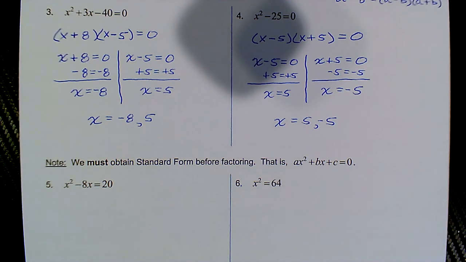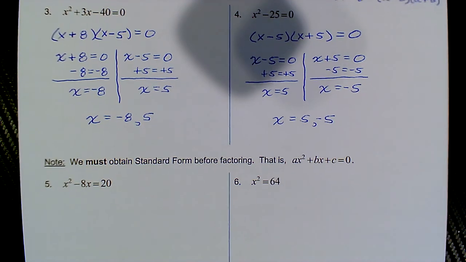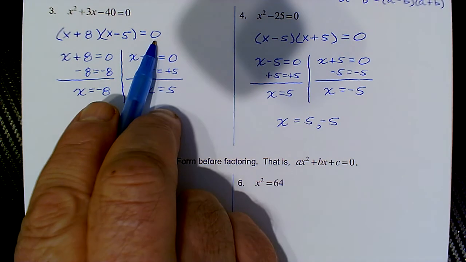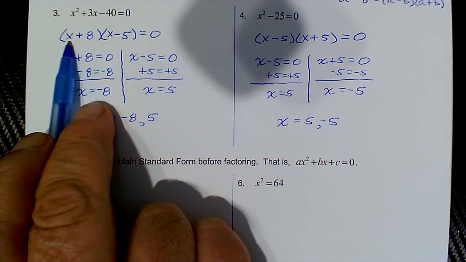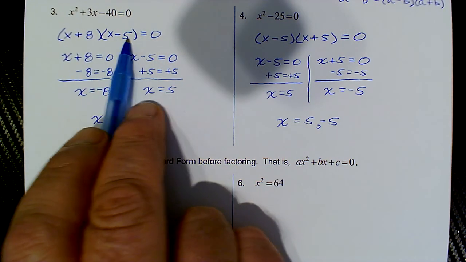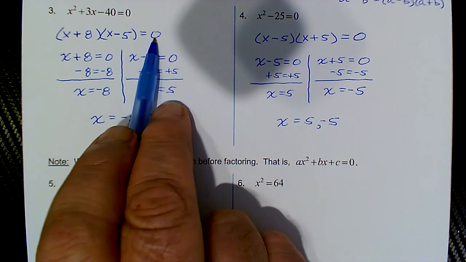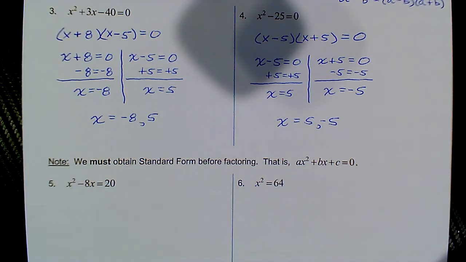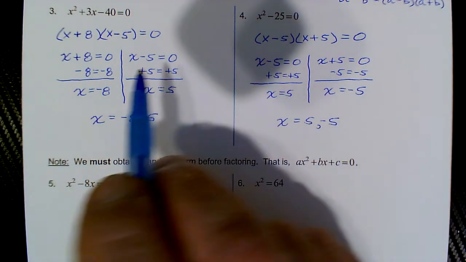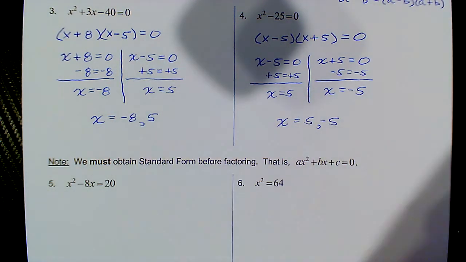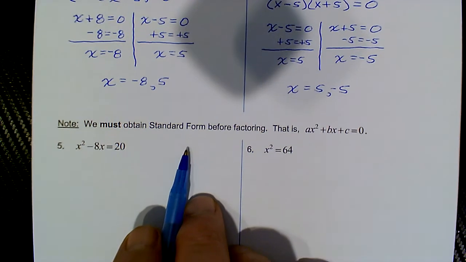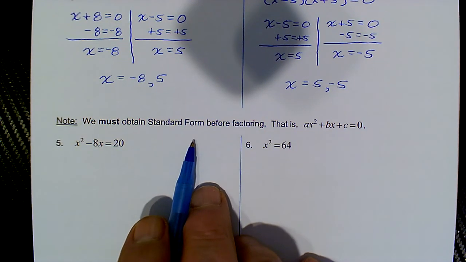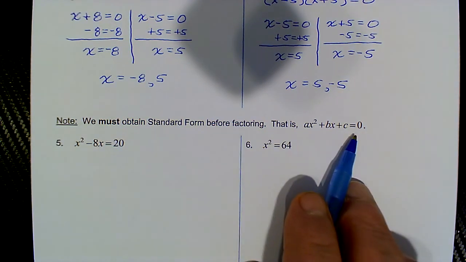Okay, so in order to be able to use the 0 factor property, note that we had to have a product of two factors set equal to 0. And that is what we call our standard form. So in order to solve, we have to have the equation first written in standard form.